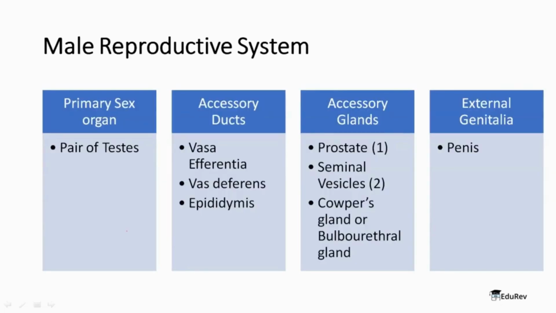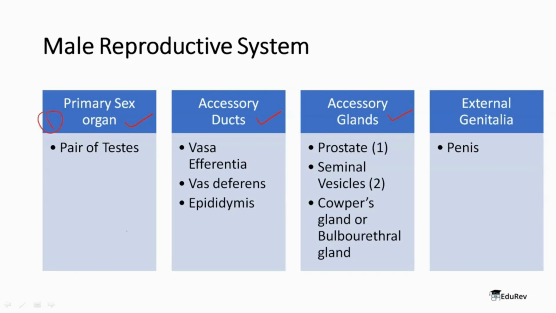Let's study the male reproductive system and the organs responsible for formation of gametes. When we study any reproductive system, we must know what parts it constitutes. In every reproductive system, we have some primary organs, some accessory ducts, and some accessory glands. First, we are going to study the primary sex organs.